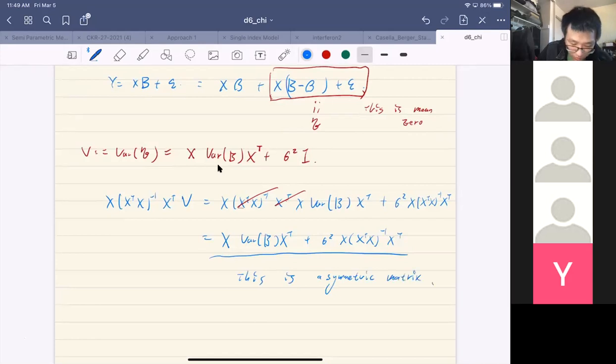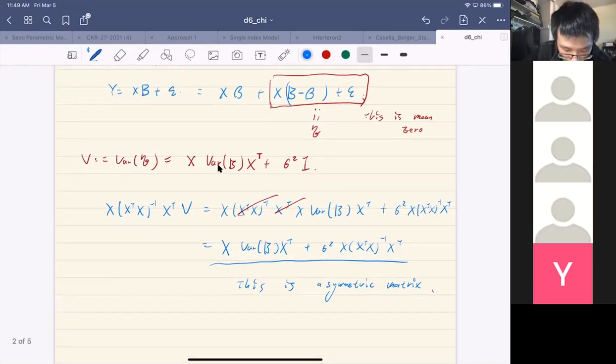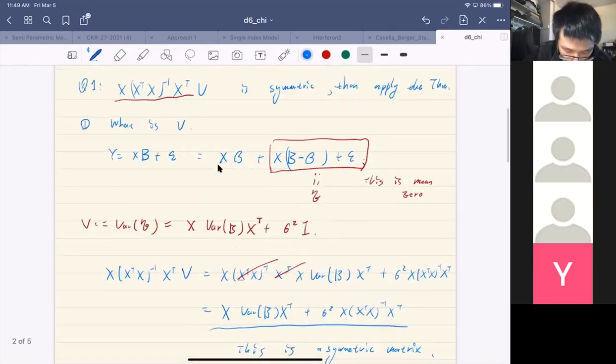I'm a bit confused because in your first line, in red, you're treating the thing in between parentheses, B minus beta, as if it was B, but it's not B, it's B minus beta.